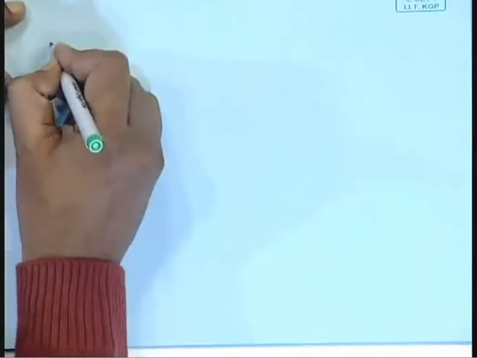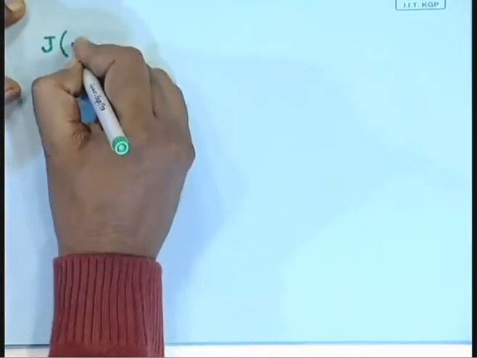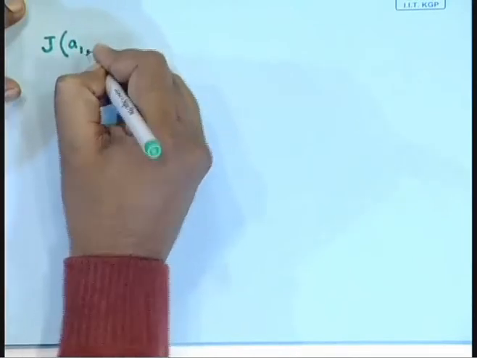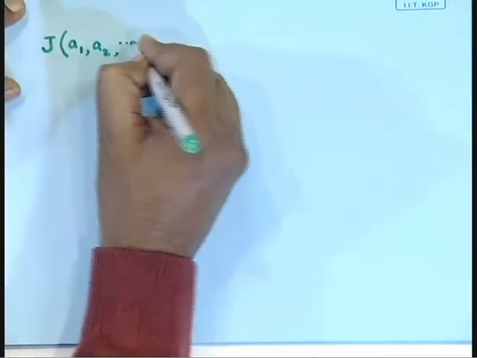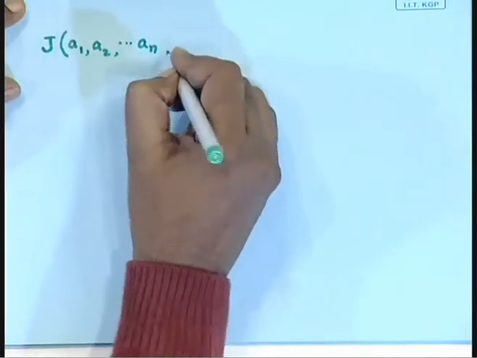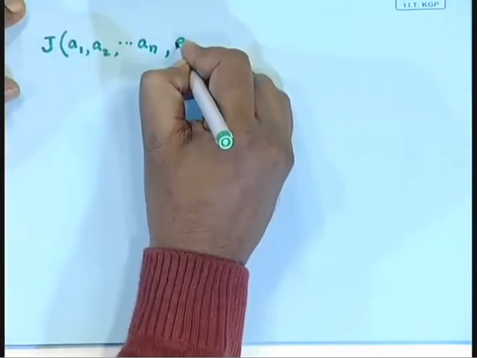So, taking all these points together, I can define an error function or a criteria function. The usual way you represent it is by J. Obviously, it will be a function of a 1, a 2 up to a n, and it will also be a function of the direction of the line, which is e.